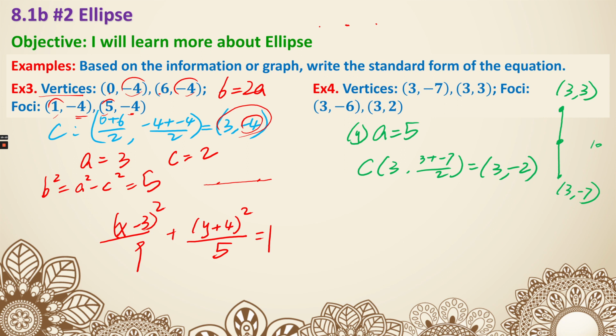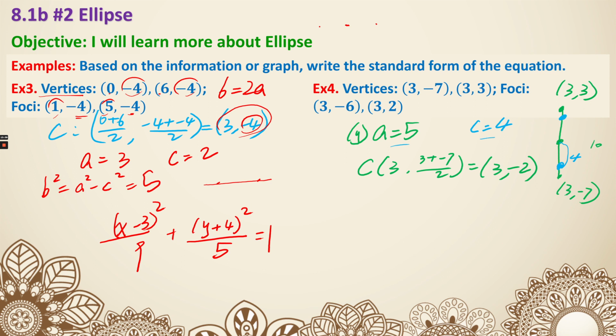Next, I can also draw on that major axis where my foci would be: (3, -6) and (3, 2). And since my center is (3, -2), again, always use the vertices to find your center first, and then you can identify the foci based on that. So (3, -6) is 4 away from (3, -2). That means my C would have to be 4.